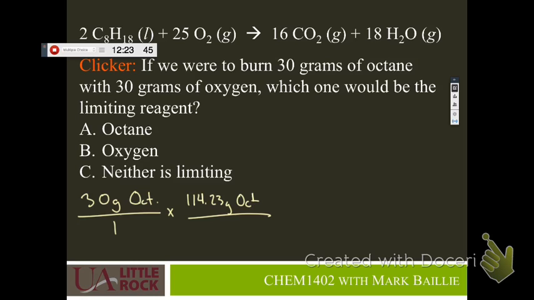Oh, so flip. Yeah. And 1 mole would be on the top then? Yes. And what am I missing? Under it would be the molar mass, which is, I got 114.23. Okay, we're still missing one thing. What are we missing? 1 mole of octane.